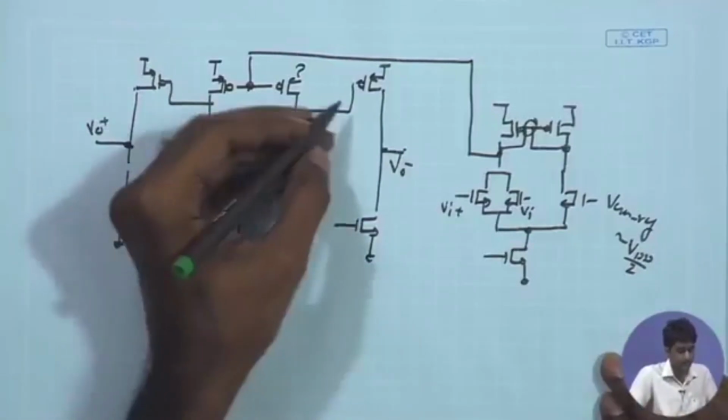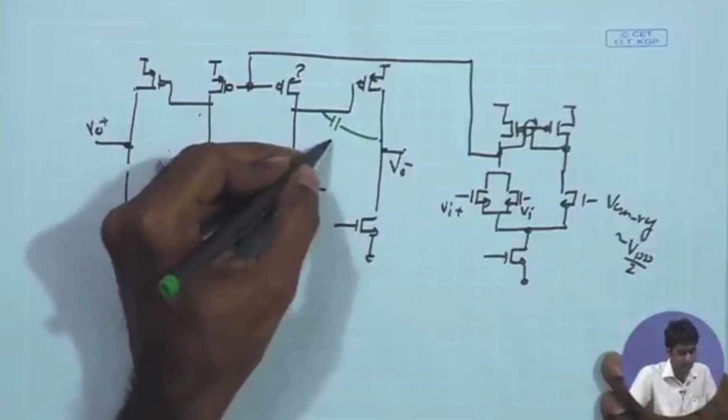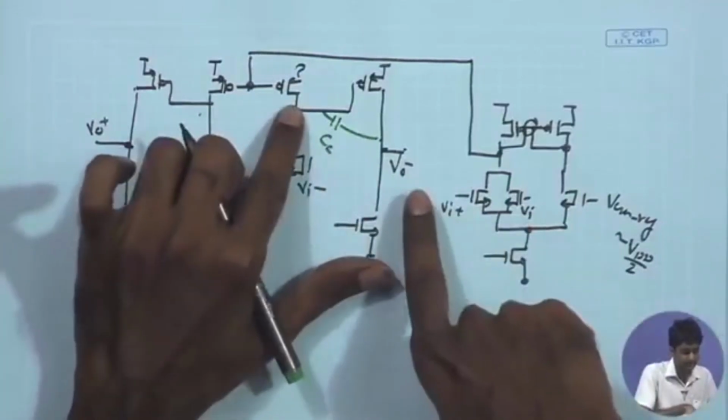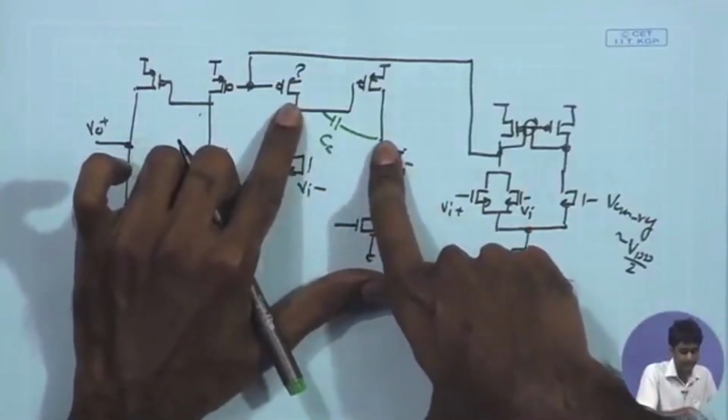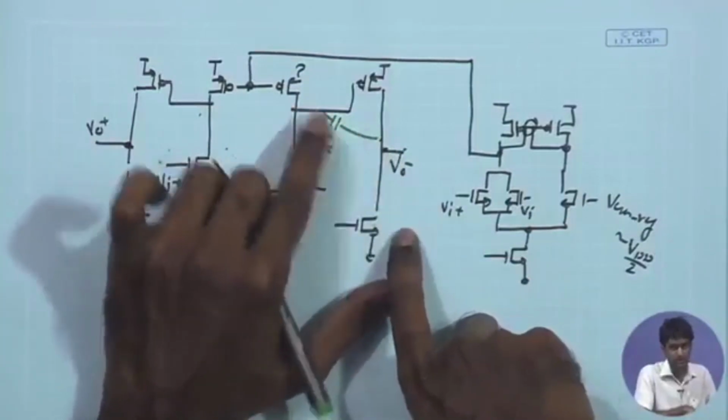in this particular case the best place to put the compensation capacitor would be this only, because this is a high impedance node, and the gain from this point to this point is also large, GMRO.